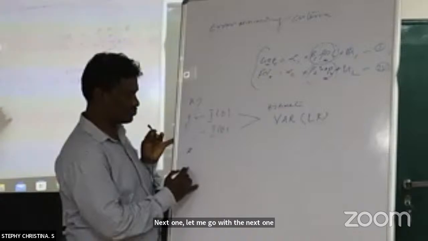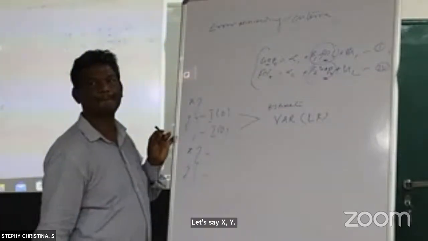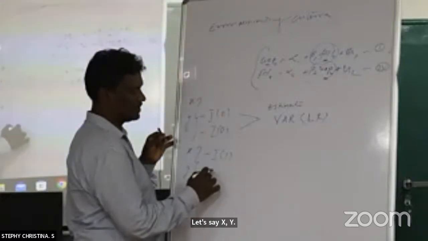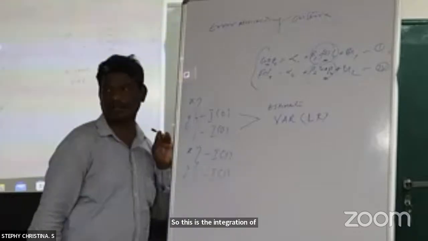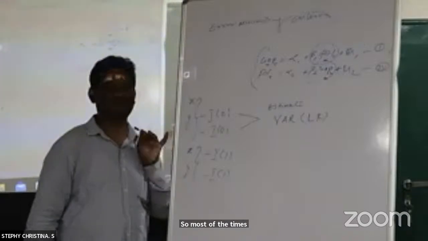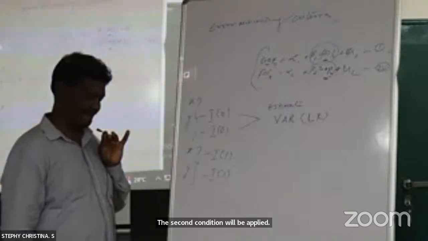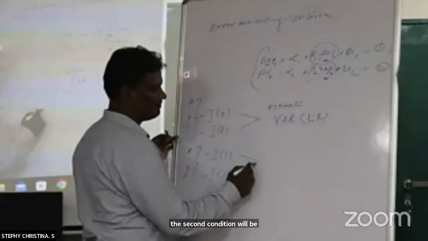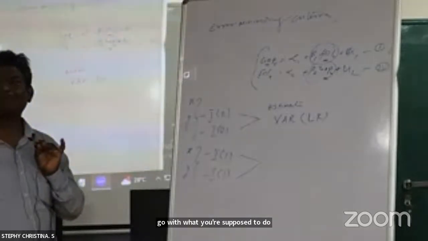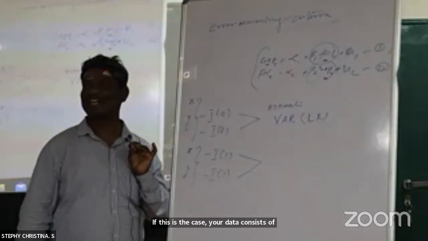Let's say x, y. So this is the integration of order 1. Most of the time, the second condition will be applied. If this is the case, your data consists of both long run and short run information.